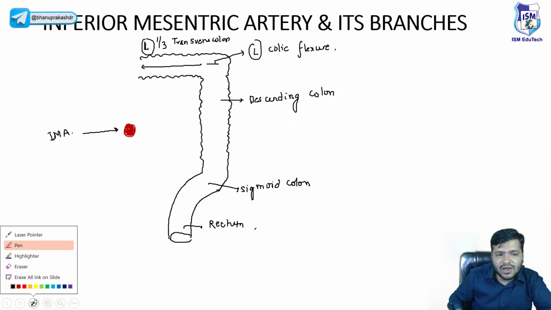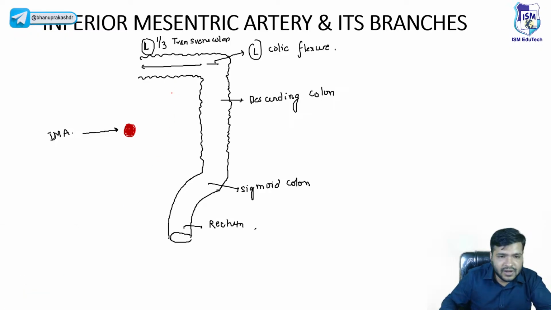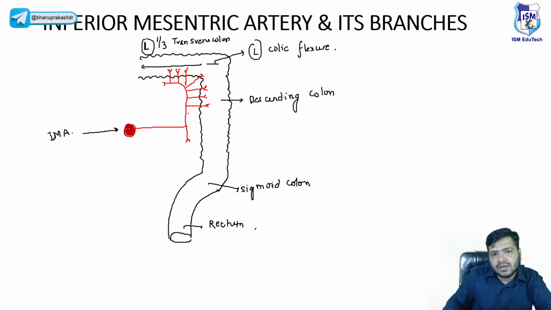So beta, what will happen here? Use your brain a little. You already know we will have the left colic artery. This left colic artery will divide into upper and lower branches respectively, and will give arcuate branches to the transverse colon and the descending colon.